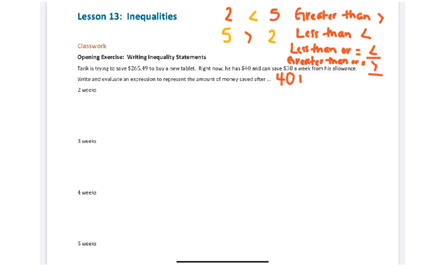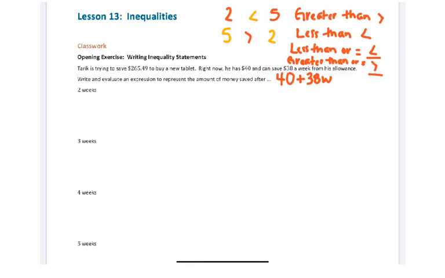So to that, I'm going to add $38, and he's saving that each week. So I'm going to put a W there to represent that he's saving $38 per week. And then that will allow me to plug in the number of weeks for W to solve for how much money he'll be able to save after that number of weeks.